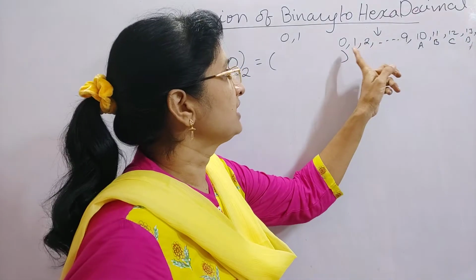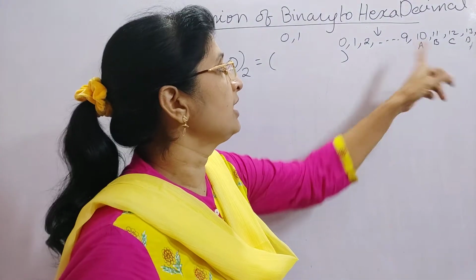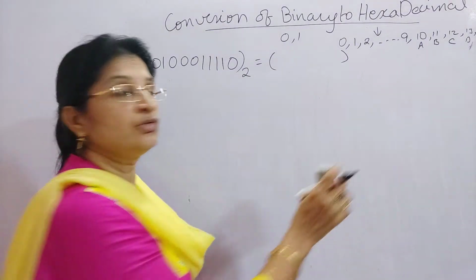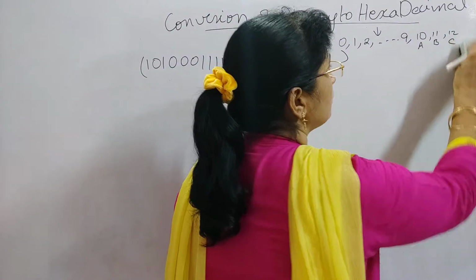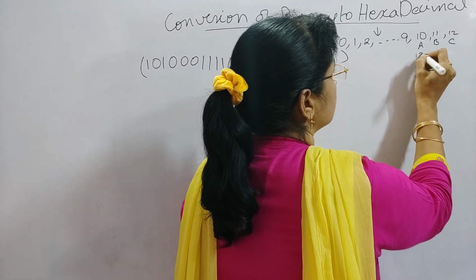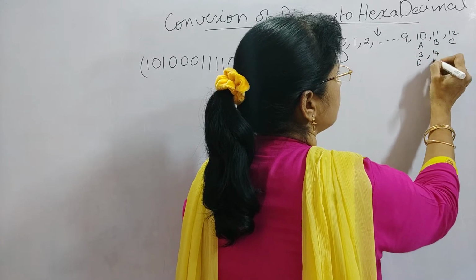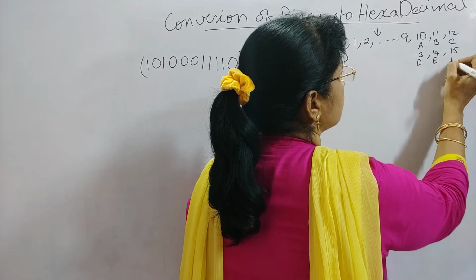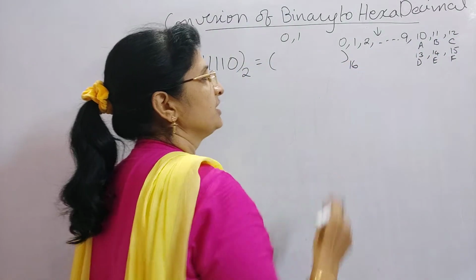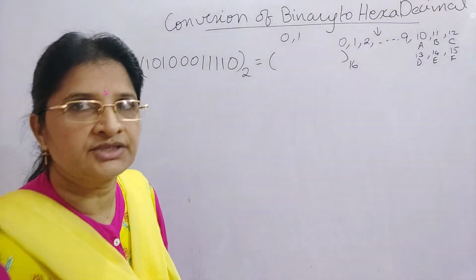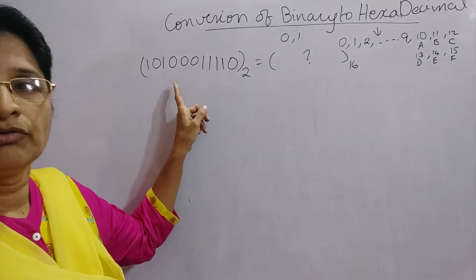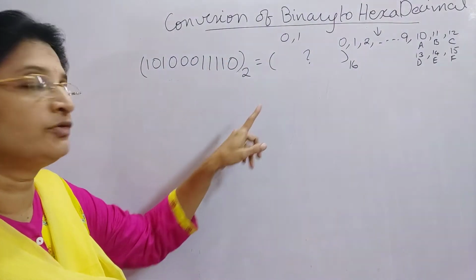Here you use 0 to 9, that is 10 digits, and A, B, C, D, E, F, that is 6 more. So 10 plus 6, that is 16. So the base of a hexadecimal number is 16. Now you have to find the equivalent hexadecimal number for this binary number.